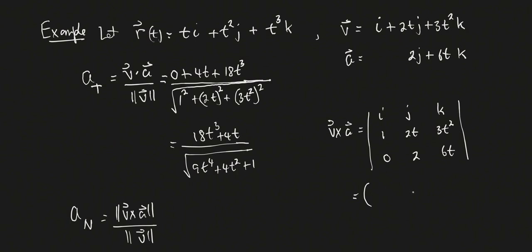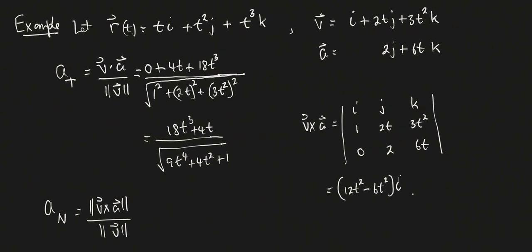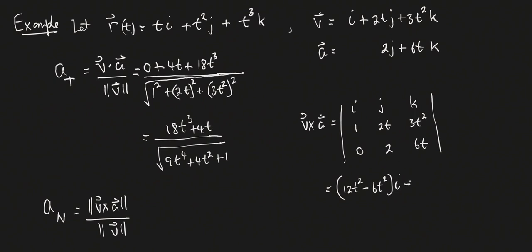We'll write down the expression for each of them. When I block out the first column and the first row, I'm left with the 2 by 2. So it's 2t times 6t, that's 12t squared, minus 3t squared times 2, so that's 6t squared. And then that's times i.